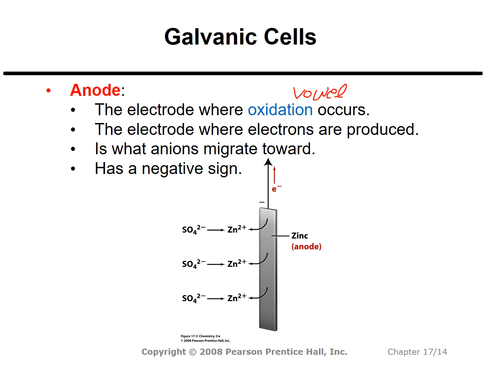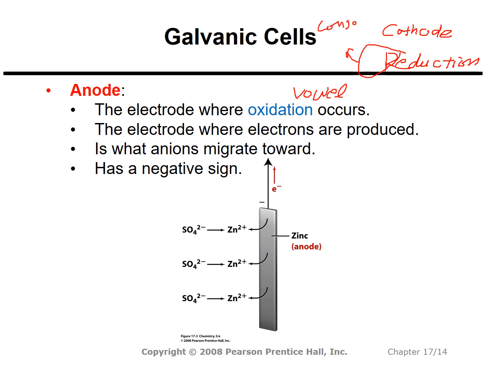Let me think about the cathode. The cathode is for reduction, right? Reduction starts with a consonant. Consonant.